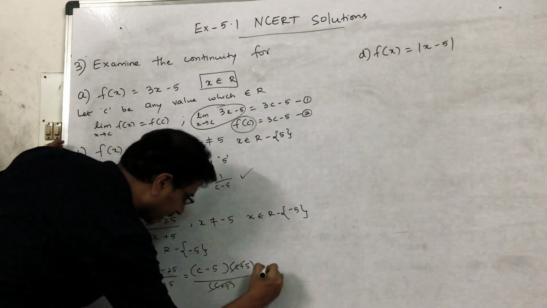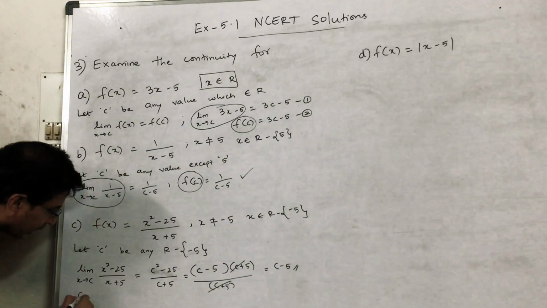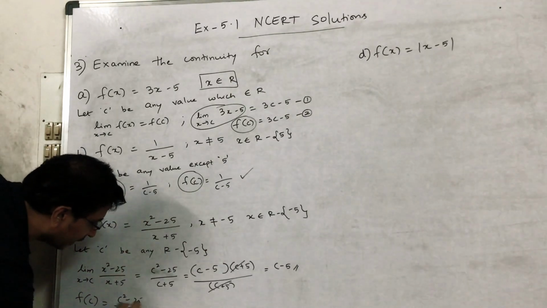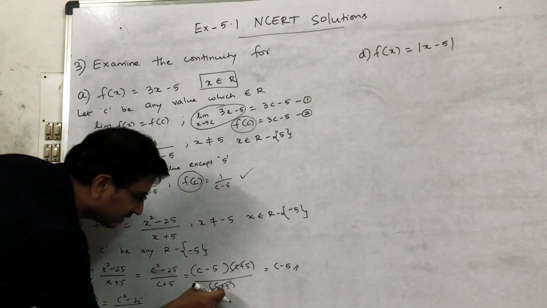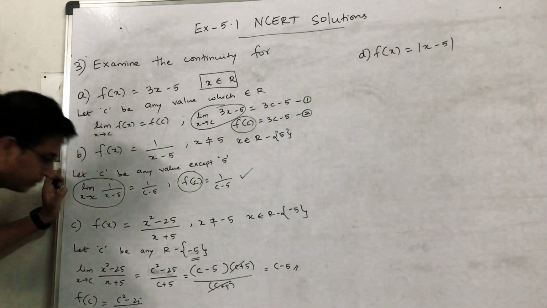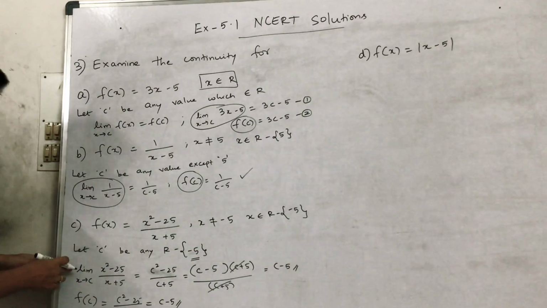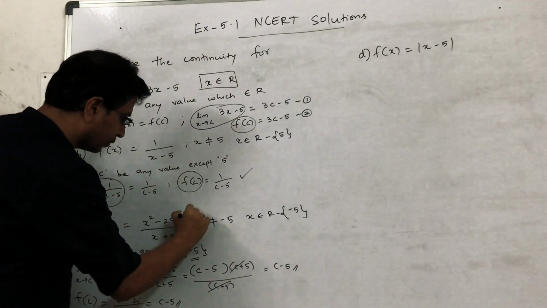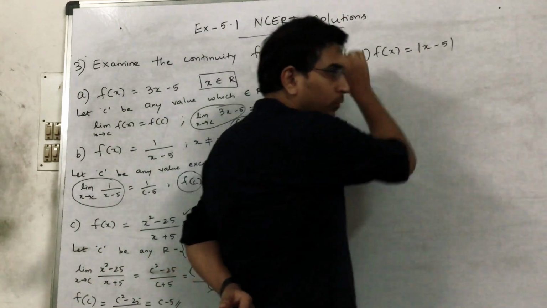So c plus 5 will get cancelled, and the answer will be c minus 5. Similarly, f of c will also come out as c square minus 25 divided by c plus 5. This value will exist because I have cancelled c plus 5 only because c cannot take minus 5. So here also the answer is going to be c minus 5. Since the limit as x tends to c of f of x is equal to f of c, this function is also a continuous function.